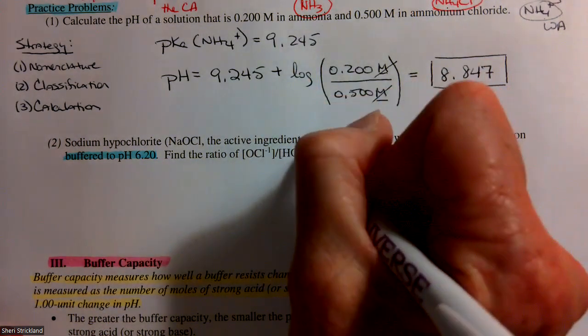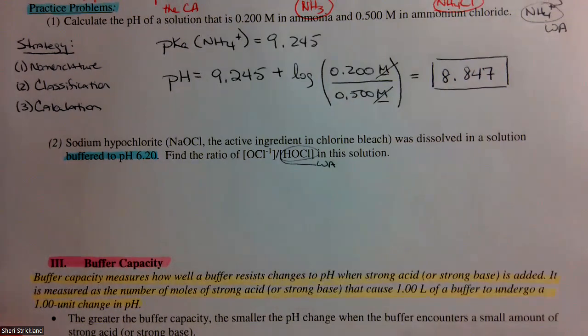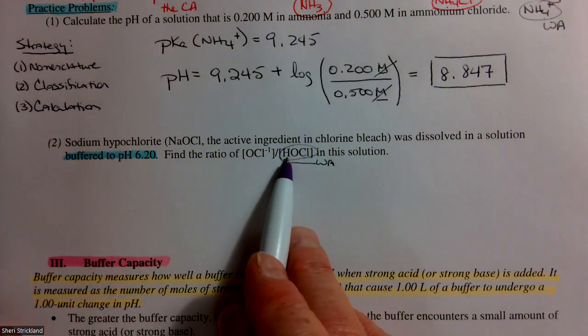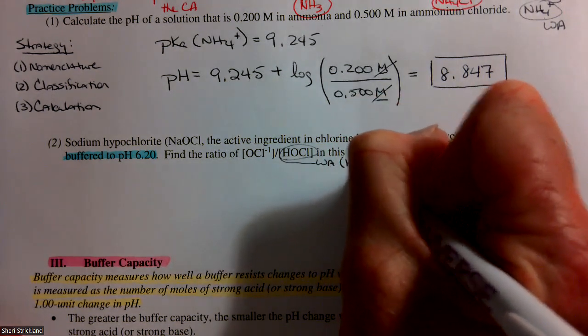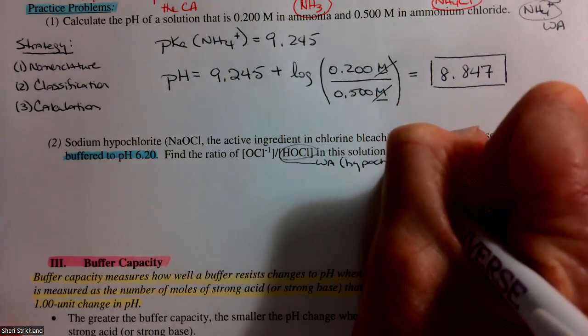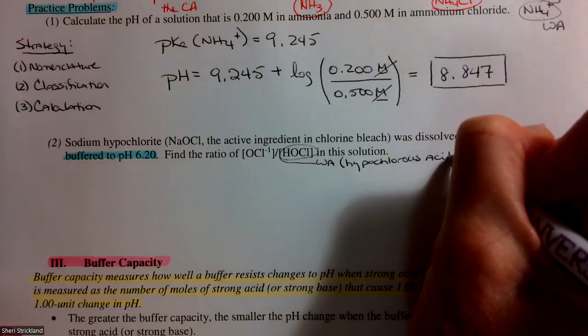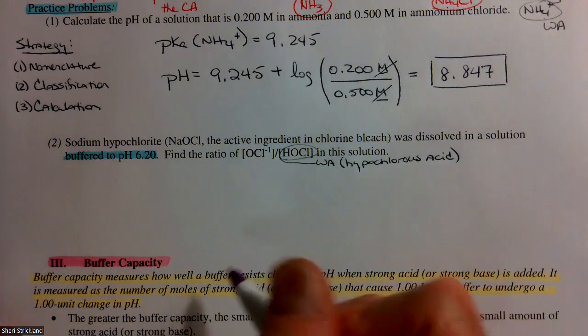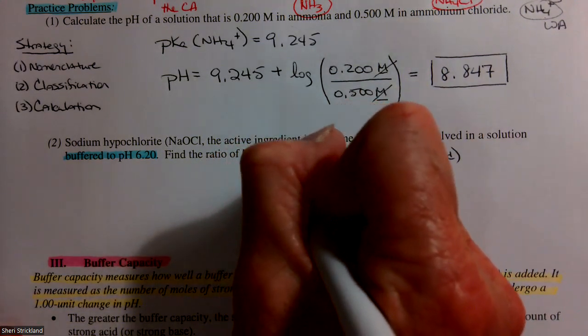All right, so this is a weak acid. This is hypochlorous acid. So it's a good idea to know the names because they're going to be listed by the names in the appendix. And this is the hypochlorite ion.